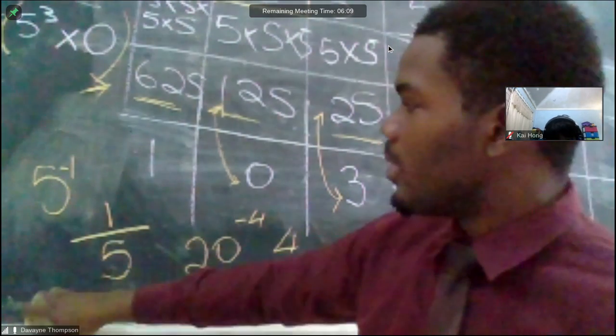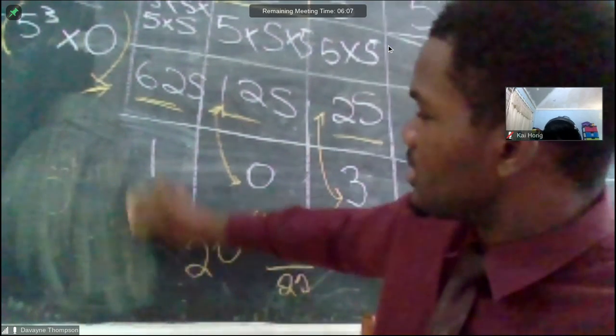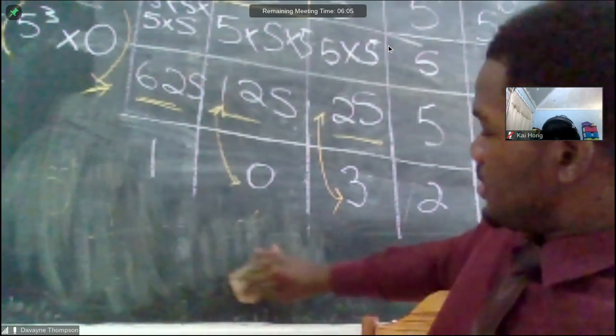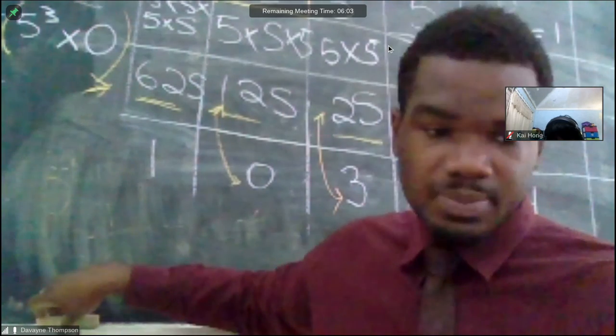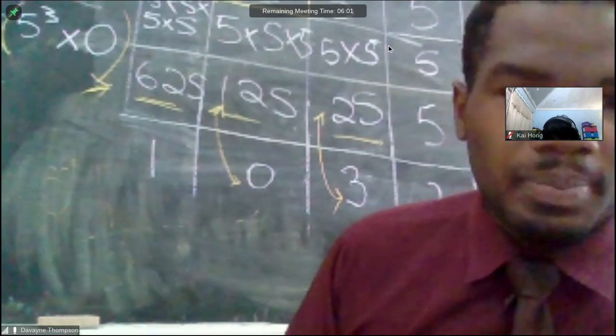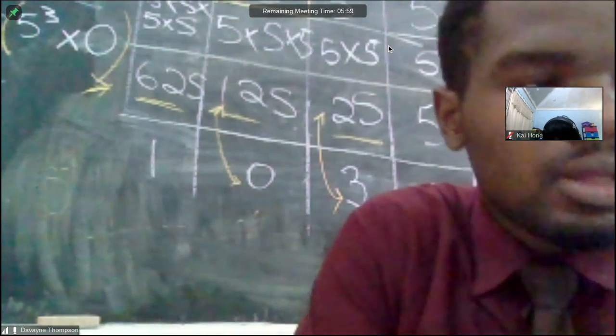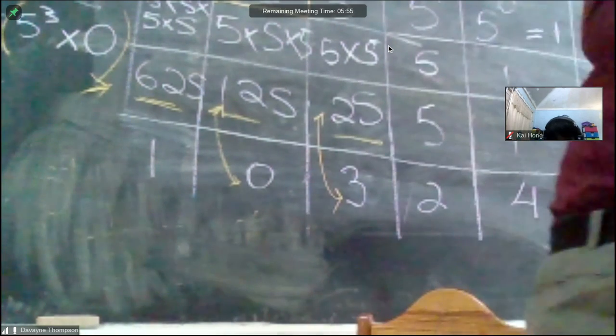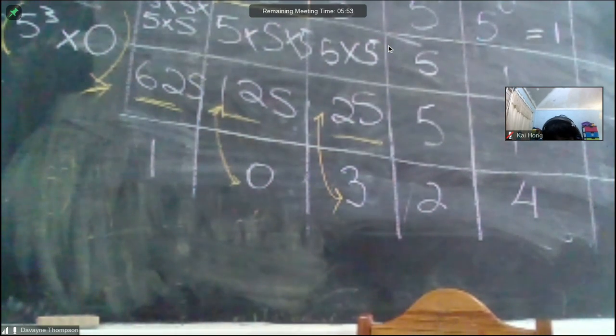Let's do some more examples to build your confidence. So let me take a picture of this part of the board and then you're going to complete that for homework. Let me take that picture for you and then we're going to practice negative index. Alright, so here we go.